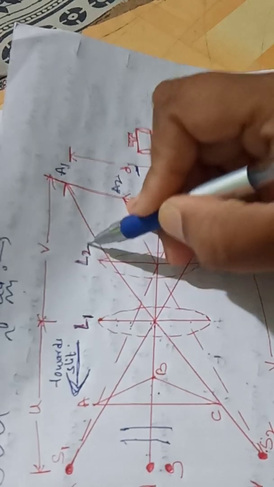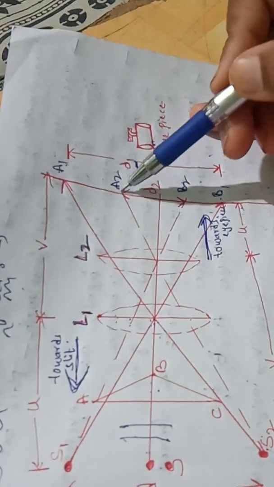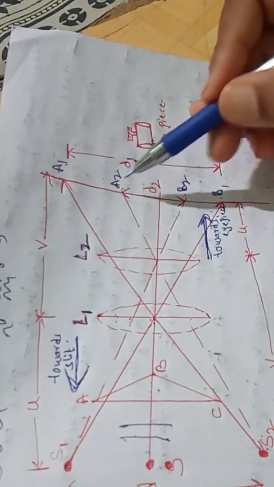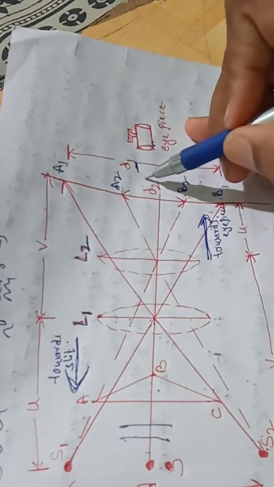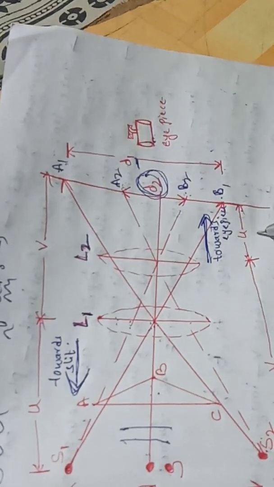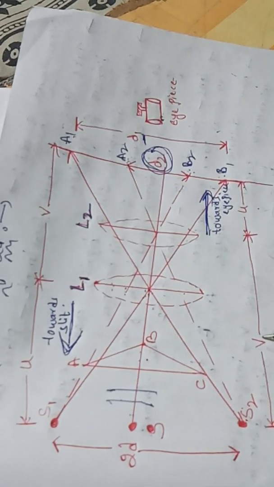At one particular position, say L2, we will find diminished images A2 and B2. With the help of the micrometer screw, we will find the distance d2, where this is the object distance u and this is the image distance v.